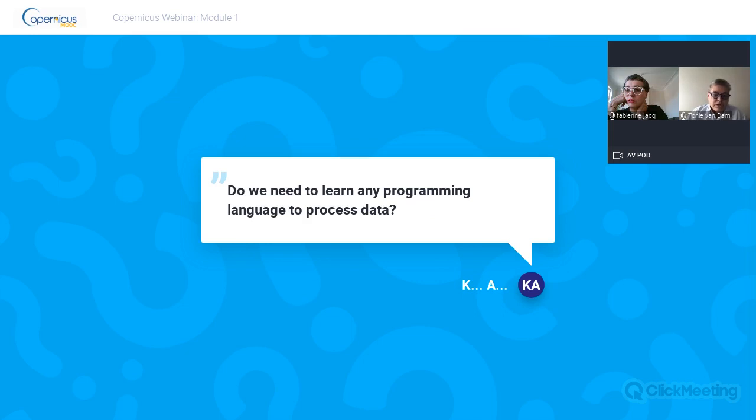I have a question here. Do we need to learn any programming language to process the data? The answer to this with respect to the course itself is that no, you don't need to learn any programming language.